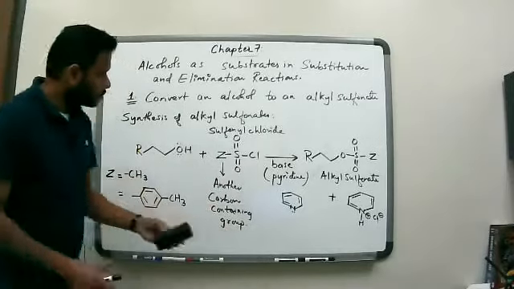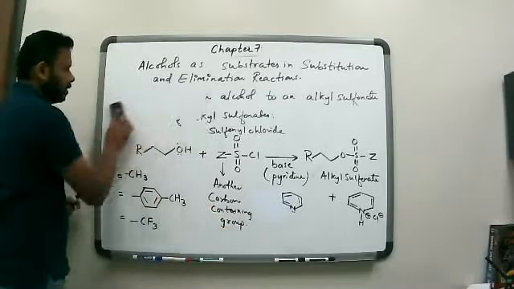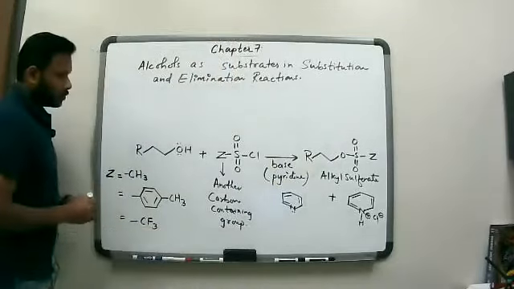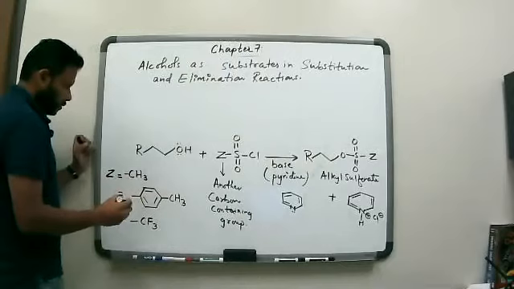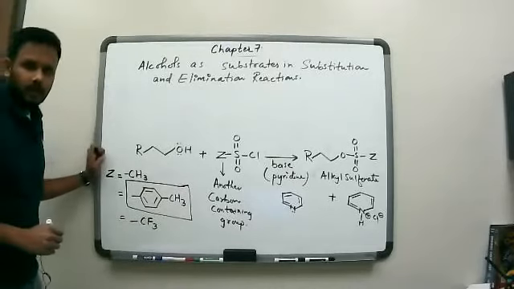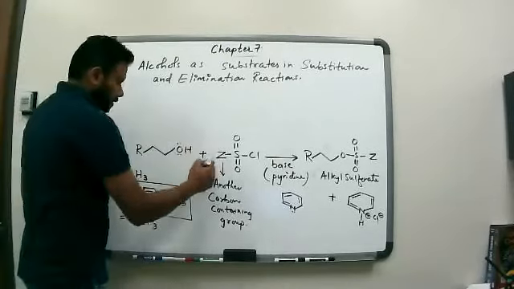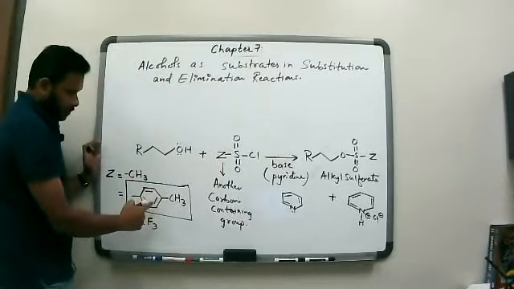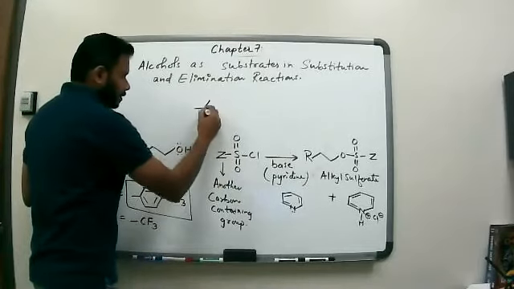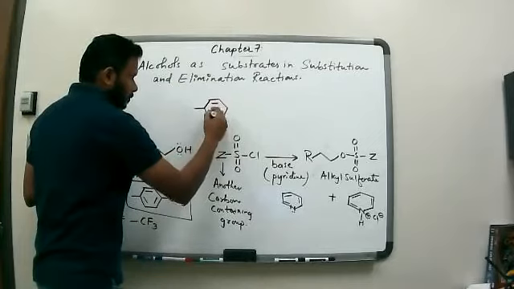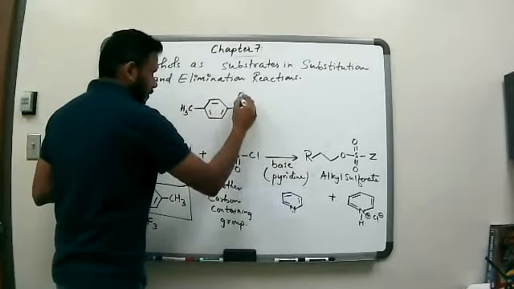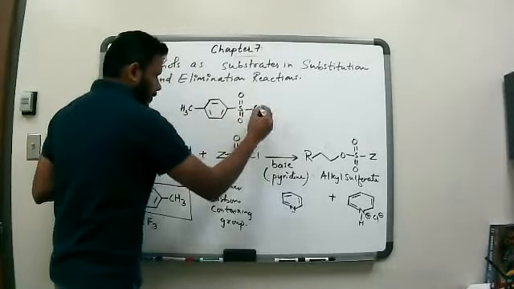Now, the most common one that we will be seeing is when Z is this group, which is a methyl group on a benzene ring. This reagent here is going to look like that.